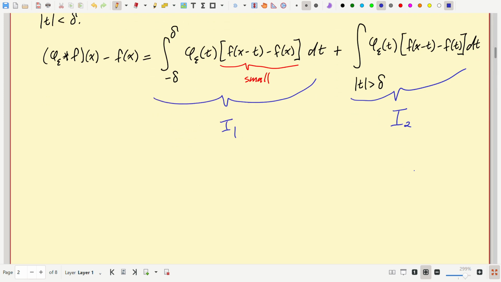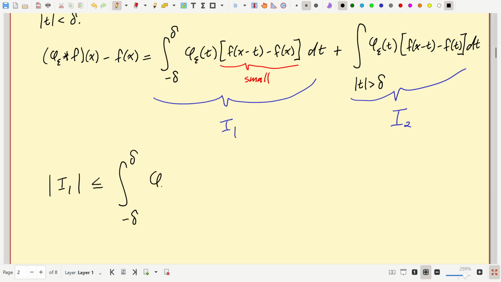Okay, I'm using the good kernel properties here. So when I do I1, that function inside the integral, the f part, is less than or equal to epsilon. So let's see, I guess I should write it like this. This is less than or equal to, and here's one of the key properties of a good kernel. That kernel is positive.